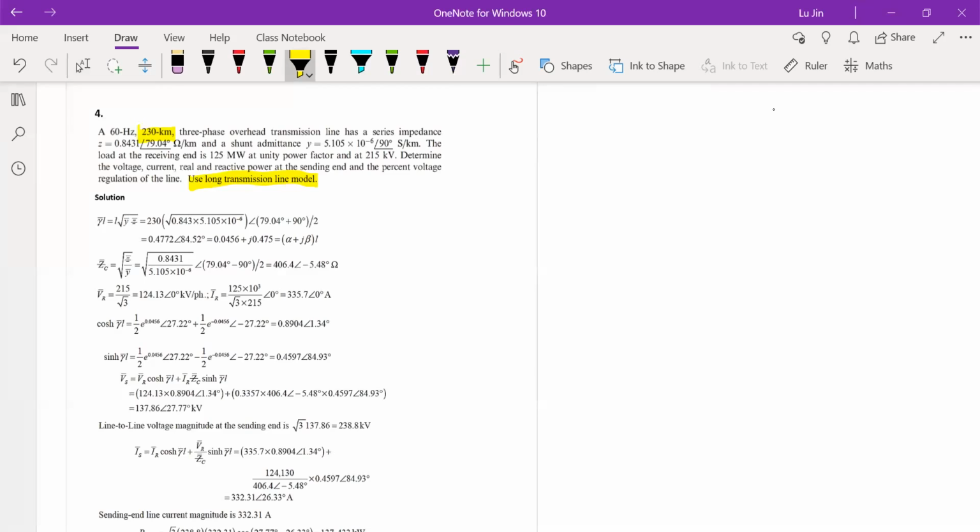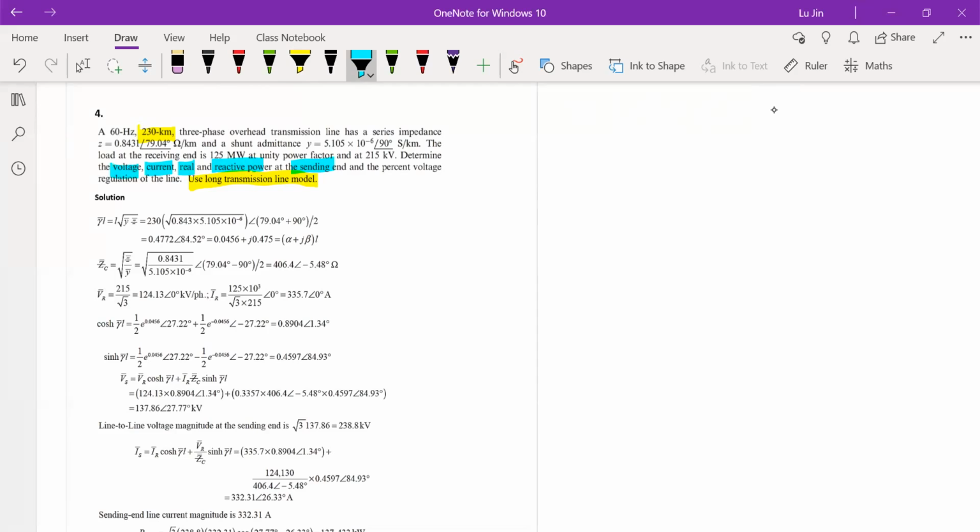Because the question is asking us to determine the voltage and current at the sending end, plus the real power and reactive power at the sending end, these can be determined by using the sending end voltage and sending end current.